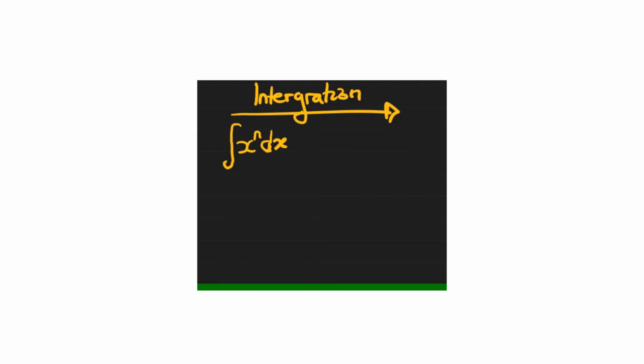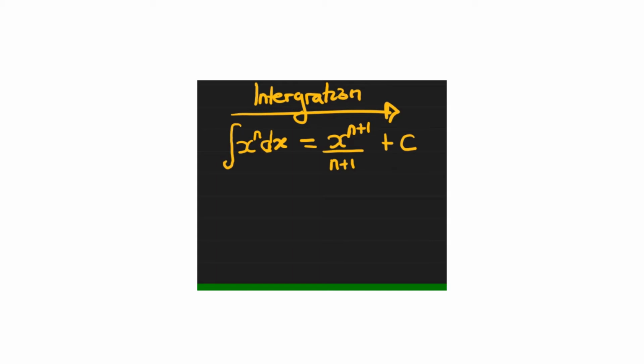If you integrate it, it will be x to the power n plus 1 all over n plus 1, always plus c, which we quote as the constant of integration.